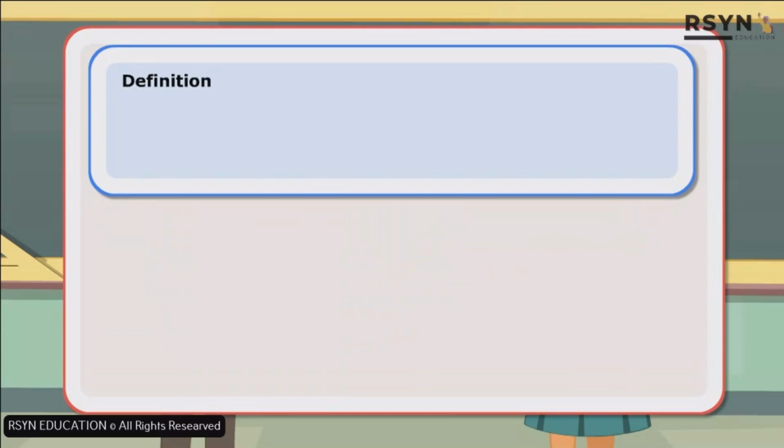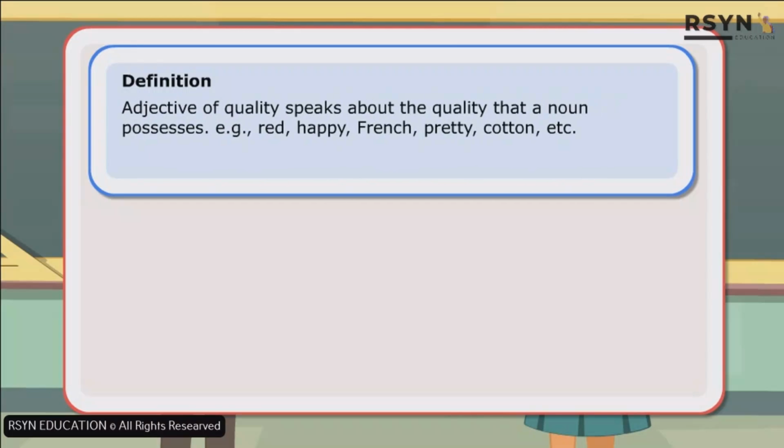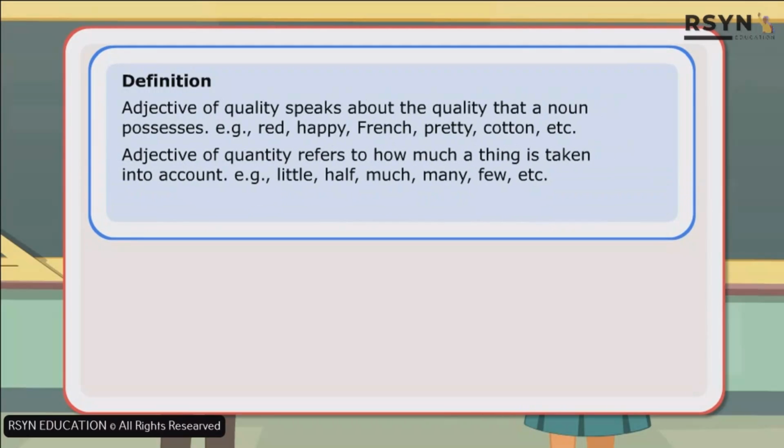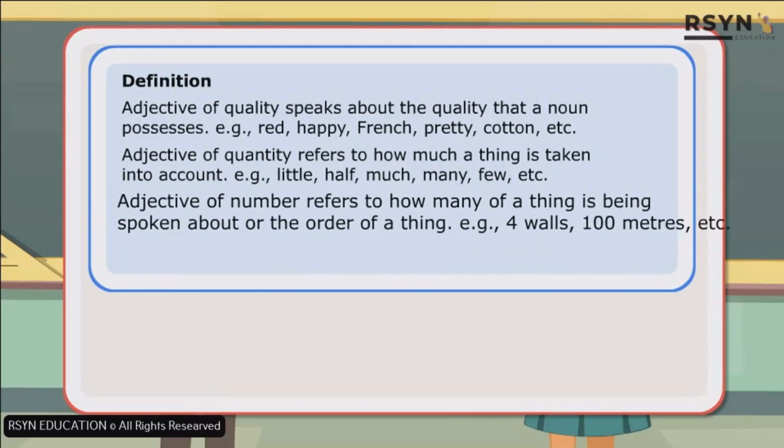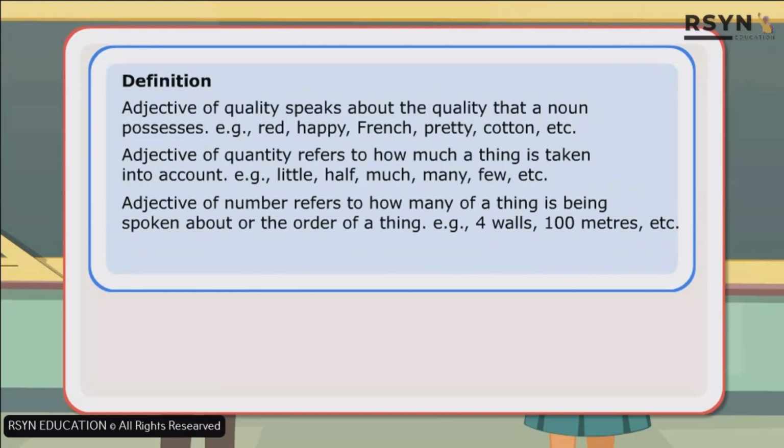Definition: Adjective of quality speaks about the quality that a noun possesses. Adjective of quantity refers to how much a thing is taken into account. Adjective of number refers to how many of a thing is being spoken about or the order of a thing.